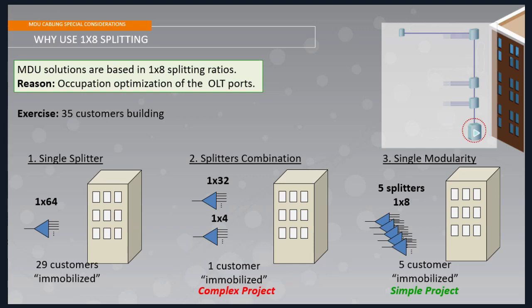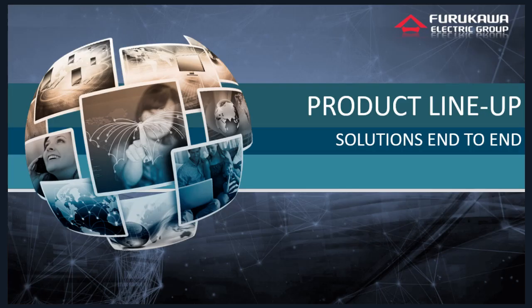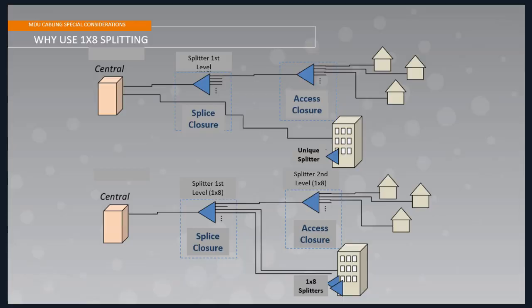Here we have the diagram which explains it better. The first one is like, okay, I have homes and I have a building. So I will use 2 levels of splitting to the homes, but I will use 1 splitter already in the building. So this is the complicated scenario I mentioned. In the second scenario, right below, we have the first level of splitting being shared by buildings and by homes. As you can see, you just place the number of splitters you need in that building.